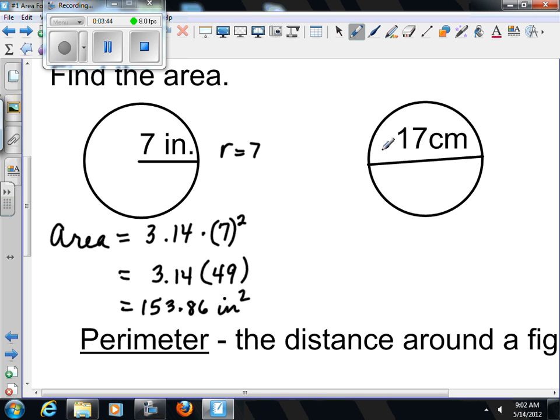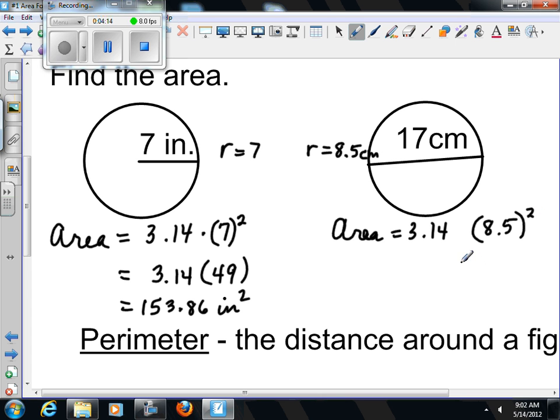Now, in this circle, we are given the diameter, but the radius is half of that. We need to know the radius. So half of 17 is 8.5. So to find the area, you're going to take 3.14 times 8.5 squared. So let's figure out what 8.5 squared is.